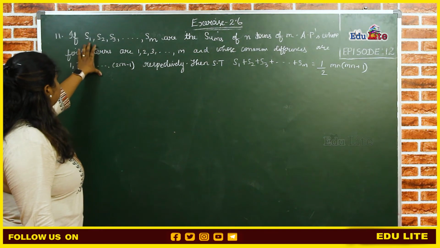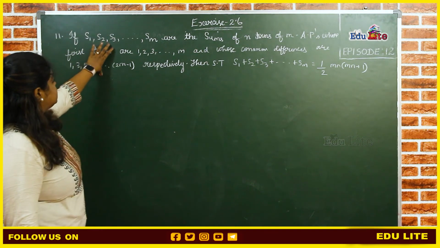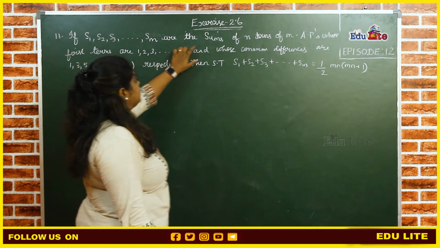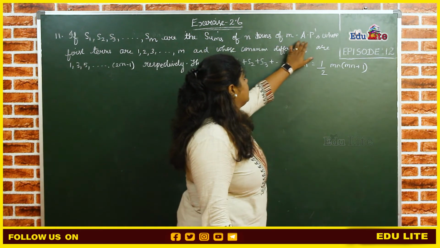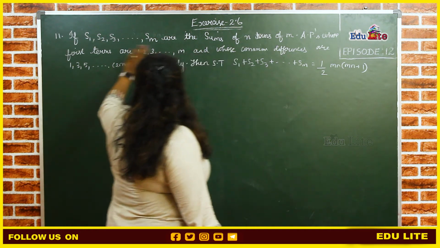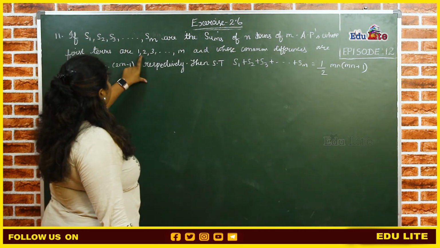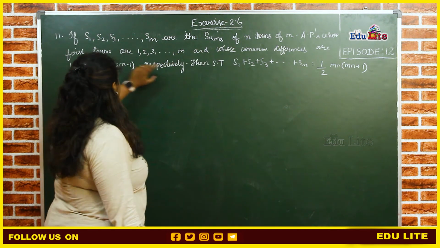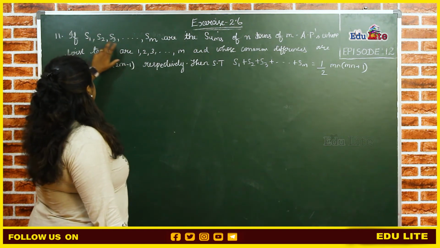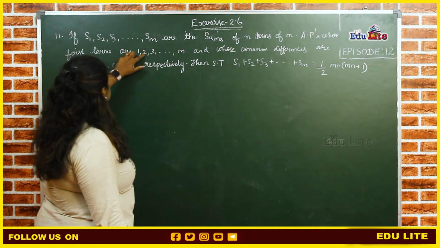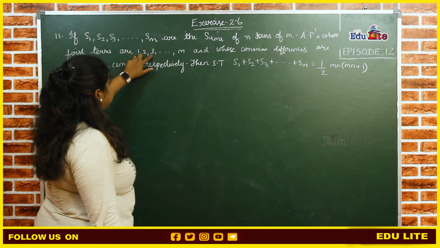In the 11th problem, S1, S2, S3 up to Sm are the sums of n terms of m APs whose first terms are 1, 2, 3, up to m, which means for S1 the first term is 1, for S2 the first term is 2, for S3 the first term is 3.